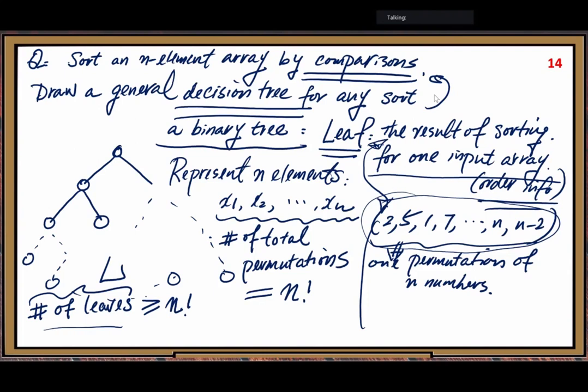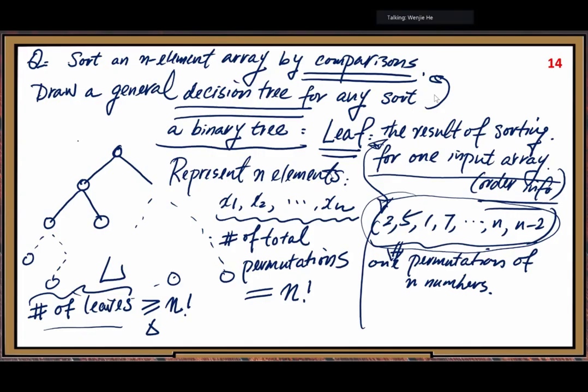Why greater or equal to? You understand the equal case, where capital L equals n factorial, but there are some cases where capital L is strictly greater than n factorial.